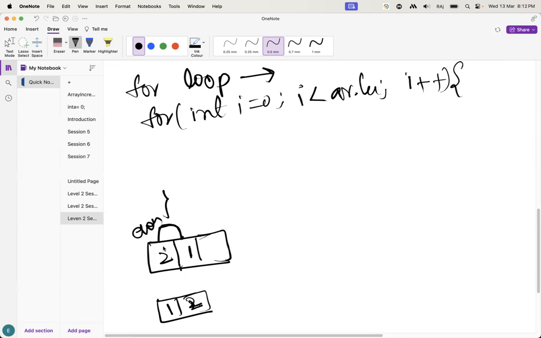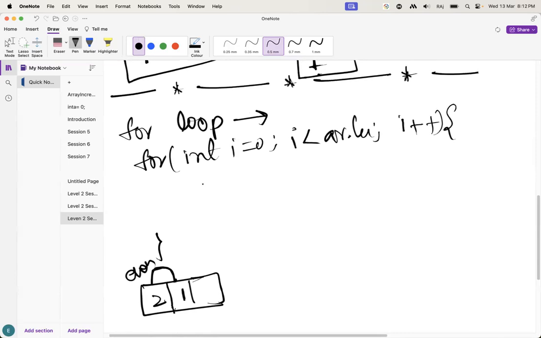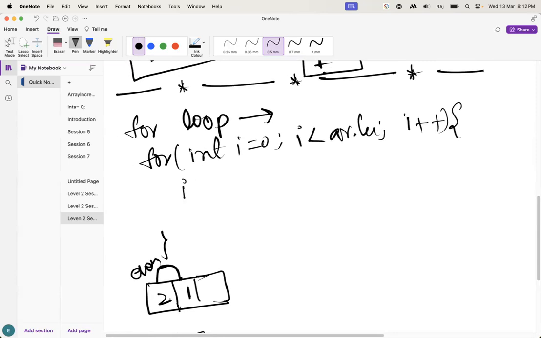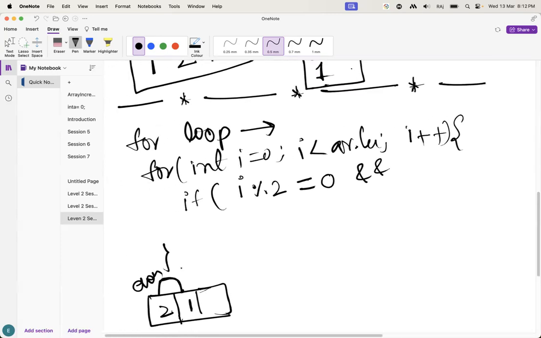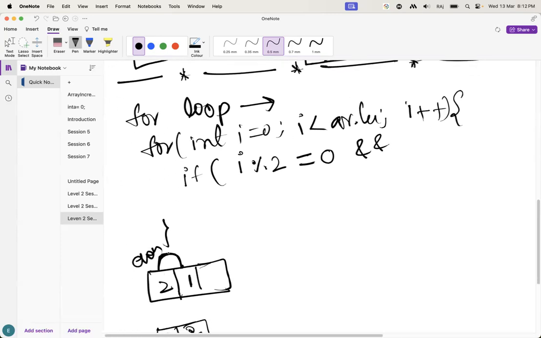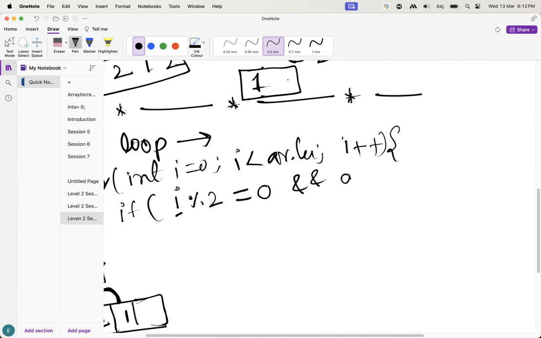How are we going to check the relation? First we have to check whether that index is even or not. So we check for even, and then we check the relation between that particular index and the next index. How are we going to check it?